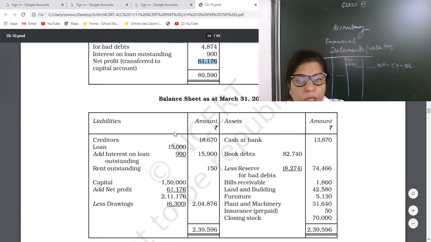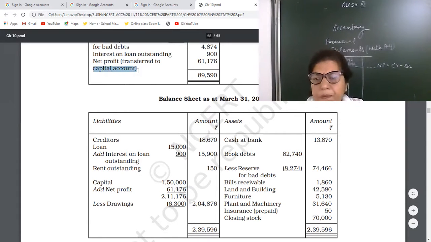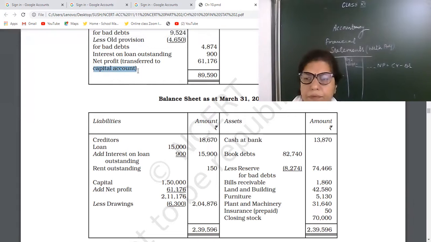Okay. Now see, 61176. That profit will be transferred to capital account. Why should net profit be added? Because as you know, in the equation chapter I told you that profit is the main reason for increase in capital.